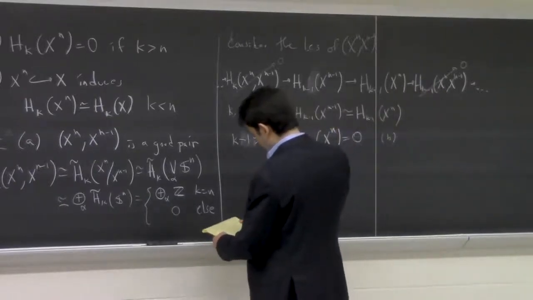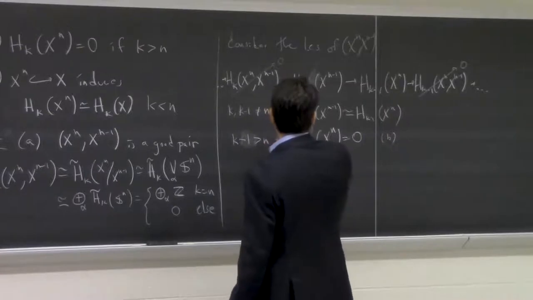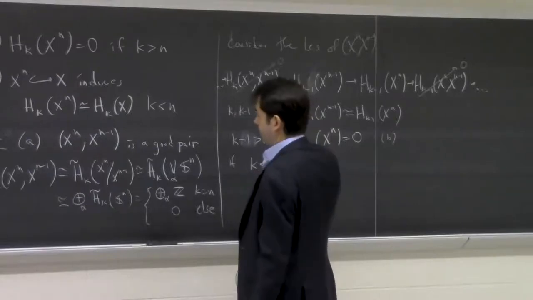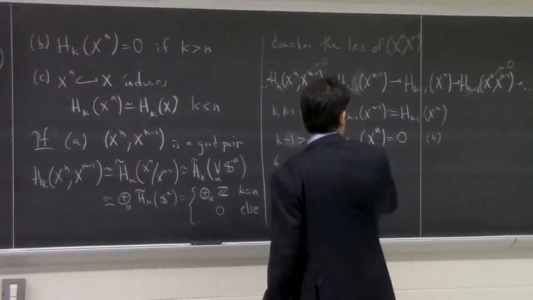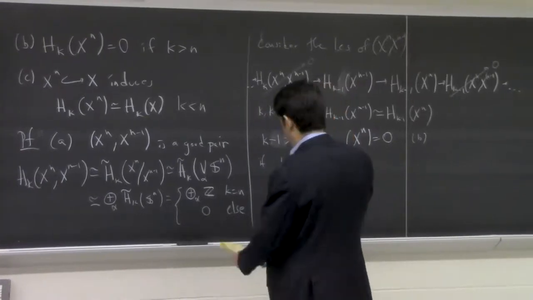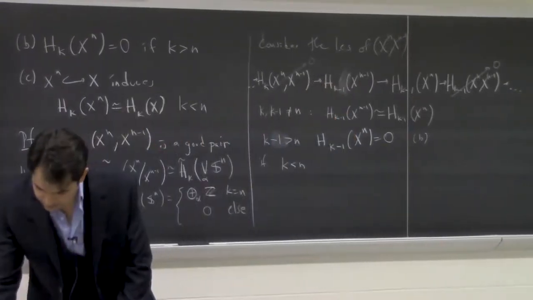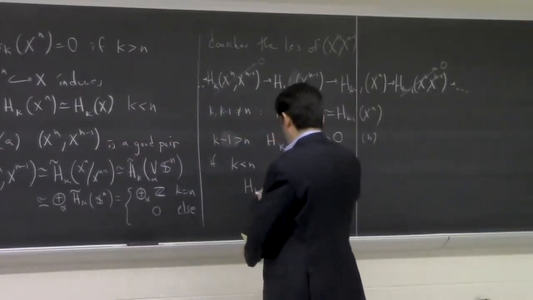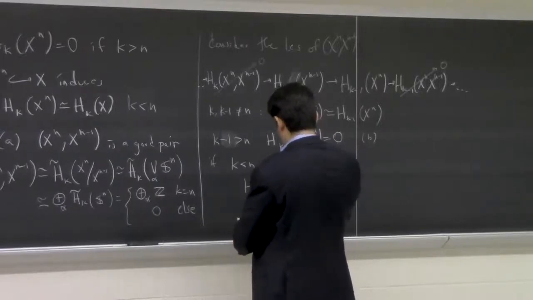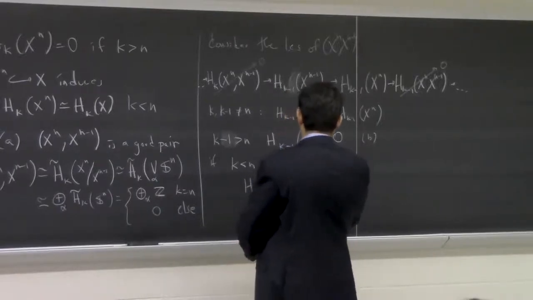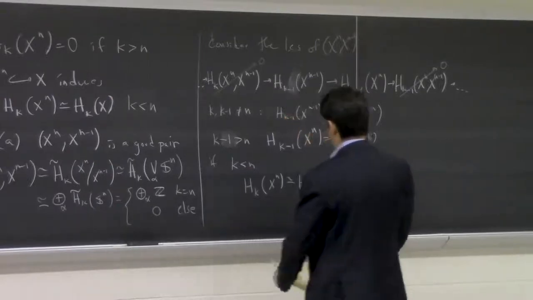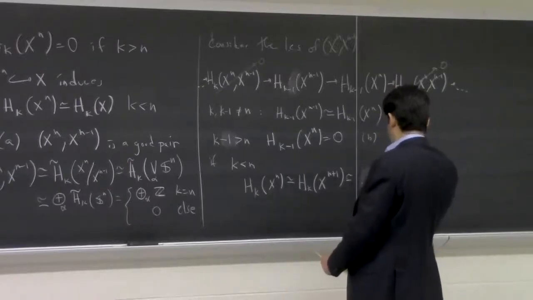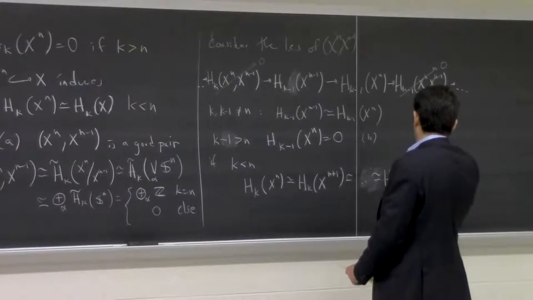On the other hand, if k is less than n, then what I want to do is let it grow. So we have H_k of X_n is the same as H_k of X_{n+1}, H_k of X_{n+m} for any m.